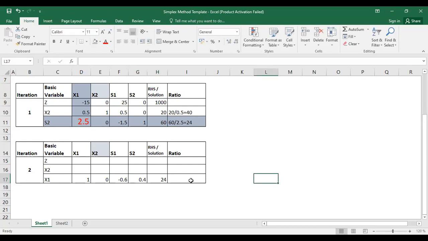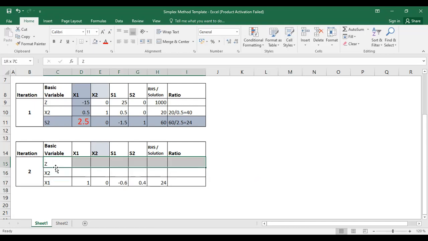Now, per the formula that we wrote down, we have to use that formula to find the new values for the other rows, which in our case are the X2 and the Z rows. First, let's do the Z row. The current values are negative 15, 0, 25, 0, and 1,000.